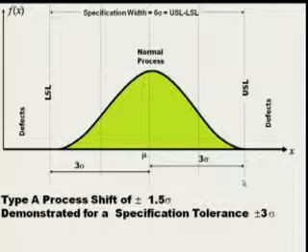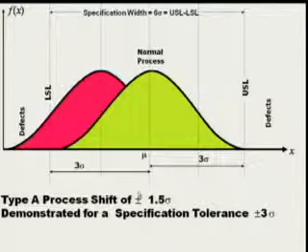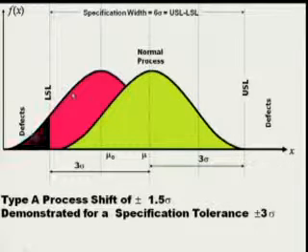We are talking about specification limits that coincide exactly with the natural limits of the process. So if this is a 3 sigma process, then the upper and lower spec limits will be exactly at 3 sigma to the right and 3 sigma to the left. Very good. So if we shift to the left, for example, we will see that we have defects.